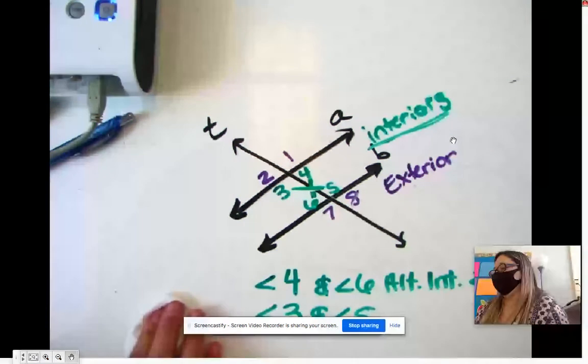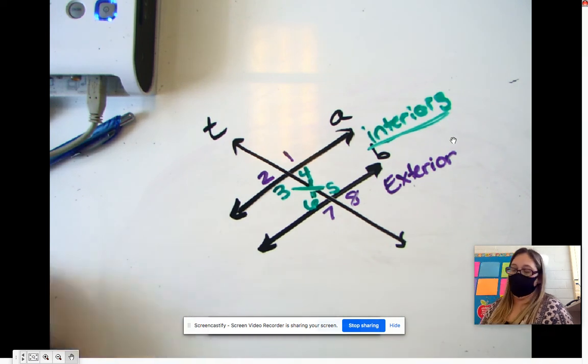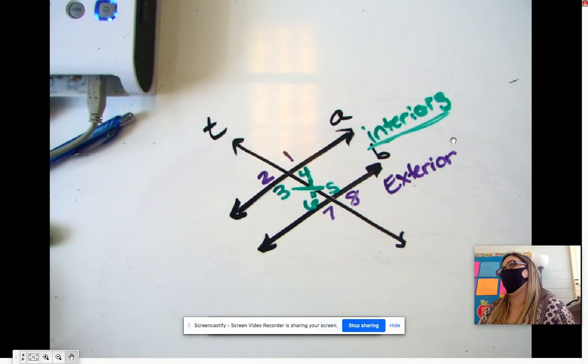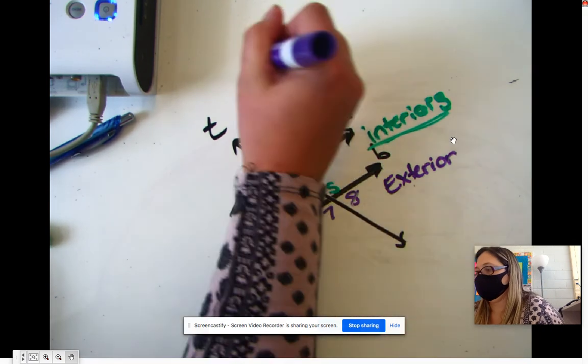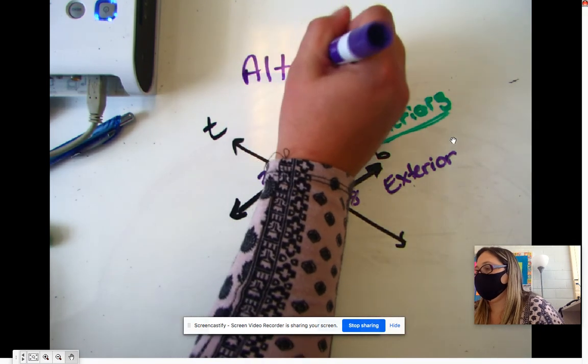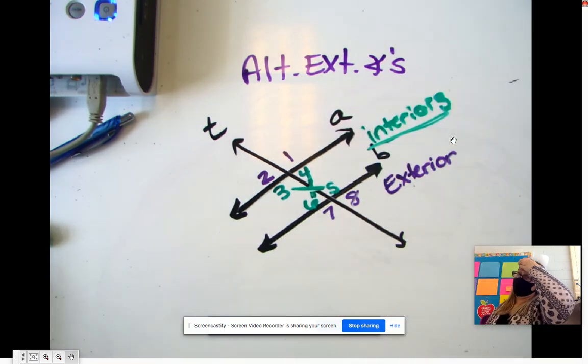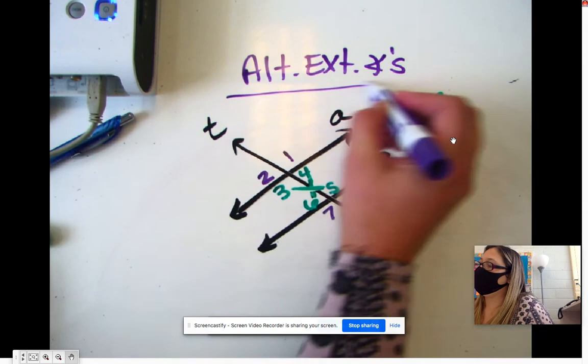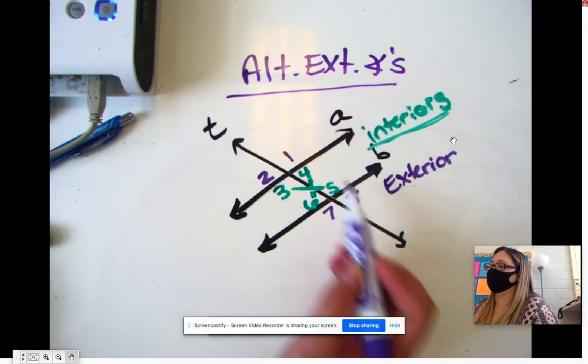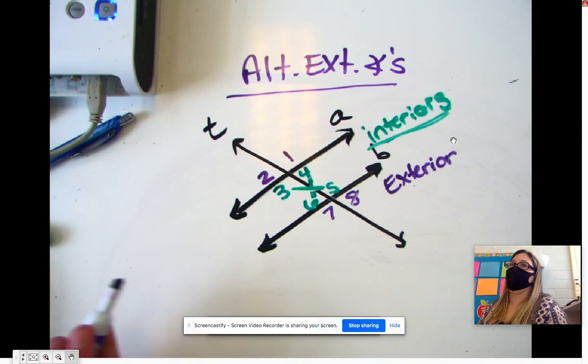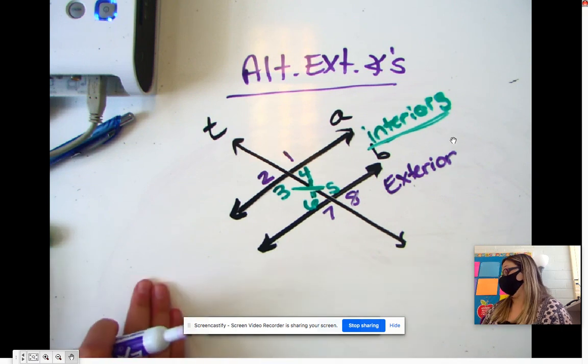Okay, let's go to the exterior. The exterior are my purple. If I'm talking about alternate exterior angles, I know I'm talking about 1, 2, 7, and 8. Those are exterior. What do you think alternate means again? Across, diagonal.